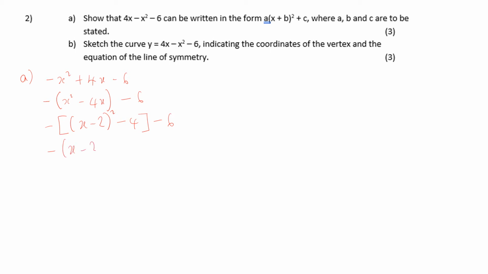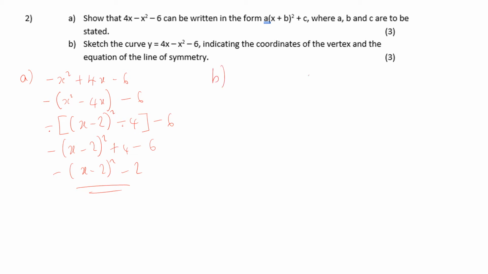So that's x minus 2 squared, and then that minus here times that minus there makes a plus 4 minus 6. Lots of you ended up with a plus 10 or a minus 10 here because you made a mistake with your signs. So it's x minus 2 squared minus 2. That's it. If you're not sure, then just pause the video and check it out.